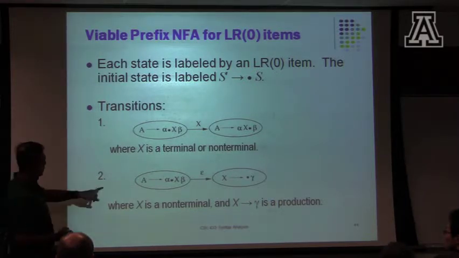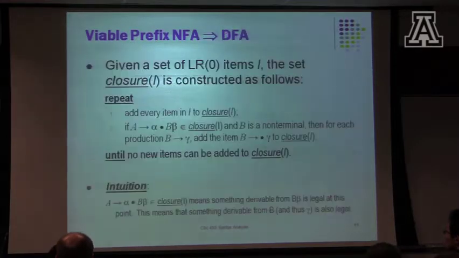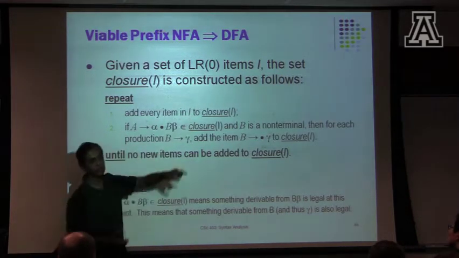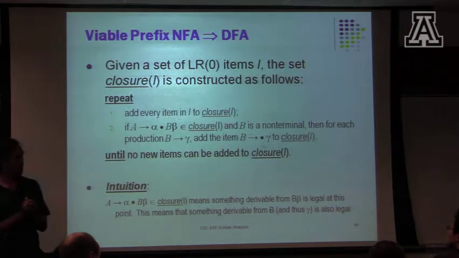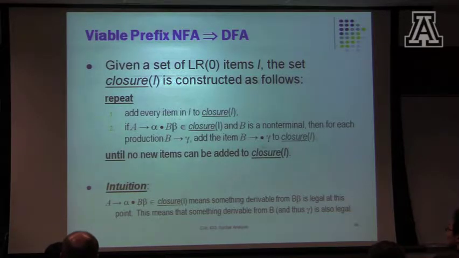What this computation is doing is, beginning with some set of items, which is some DFA state, computing all of the states that I can reach, all of the items I can get to, without actually consuming something from the input. Those are just the transitions that I can make on epsilon.